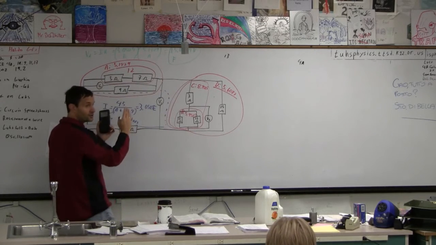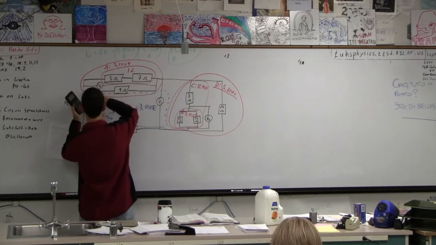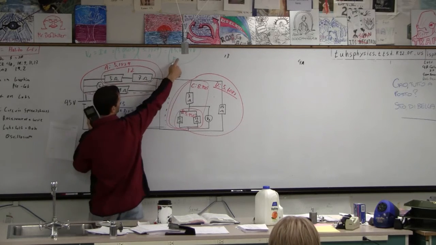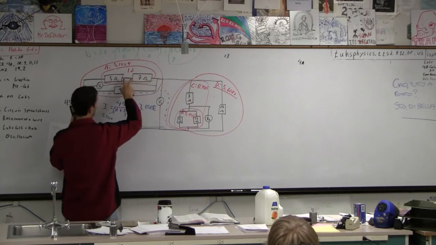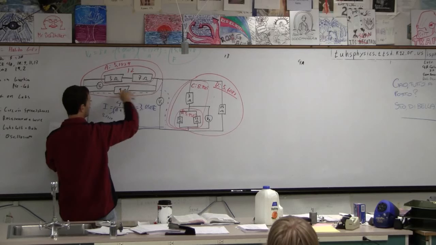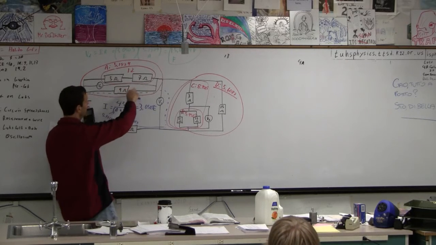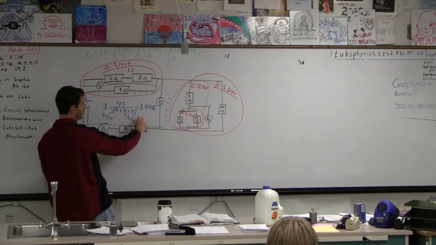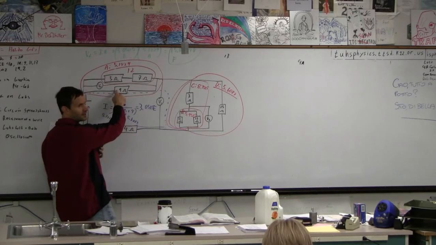I'm not going to redraw the circuit with that. I'm just saying we can ignore the rest of the circuit. We know the potential from here to here is 15.6884, right? And if I divide that by 12, I'm going to get the current through this part of the circuit. If I divide by 9, I'll get the current through that part of the circuit. The sum of those two currents will add up to this current, right? Although I don't think they ever ask us about that current.